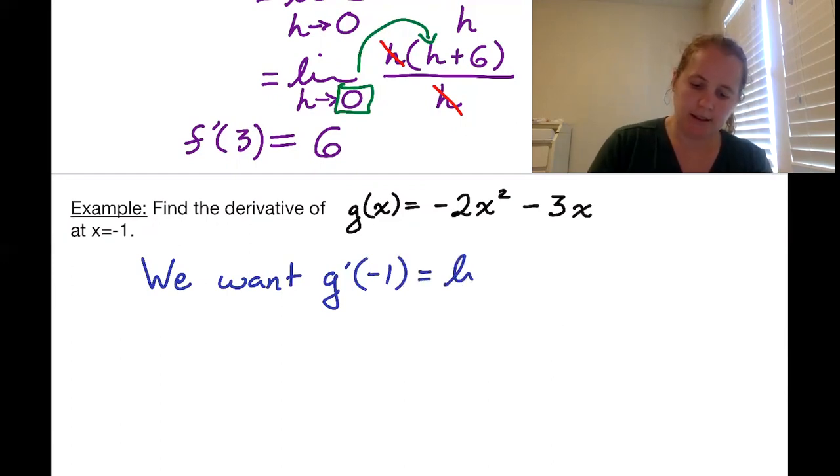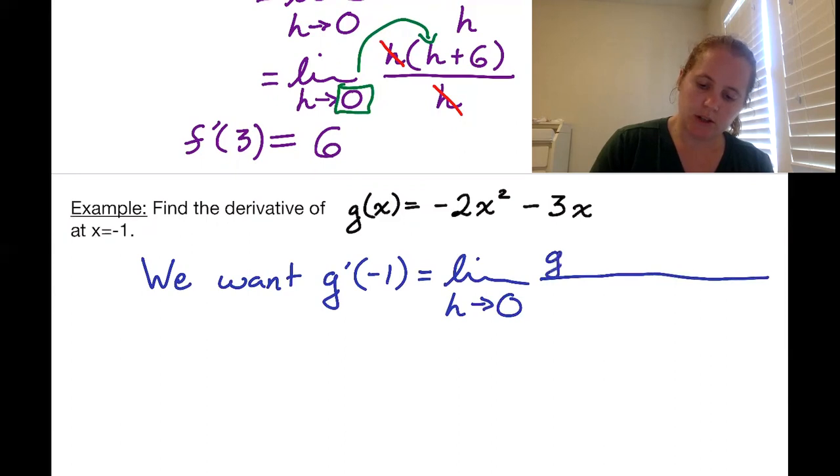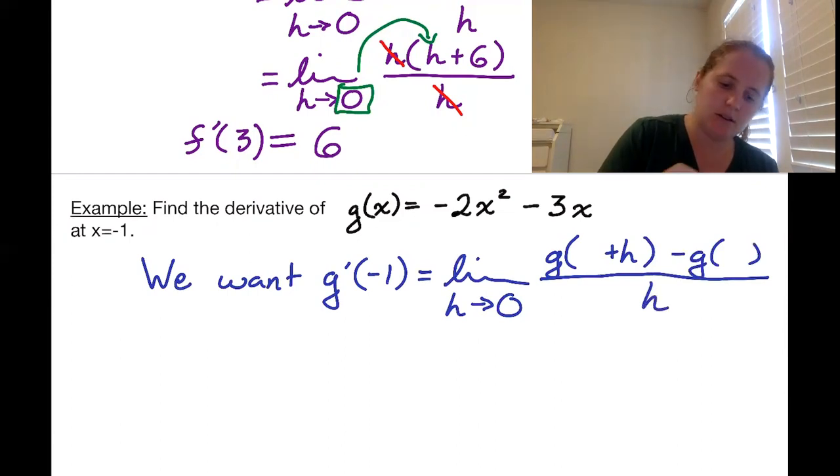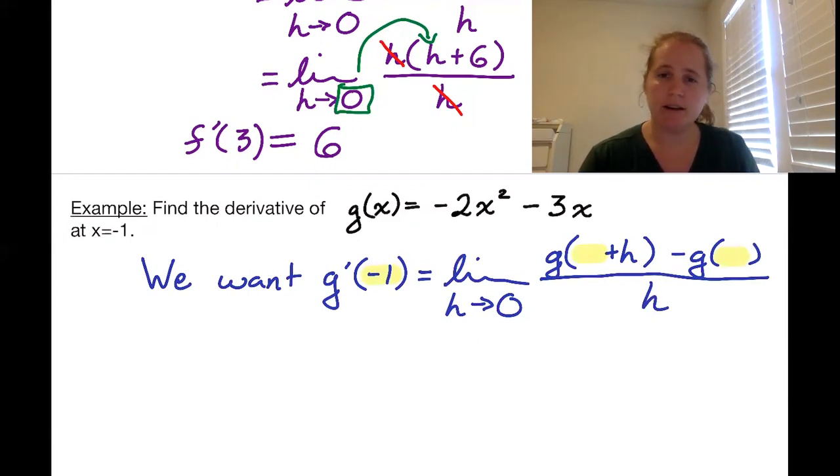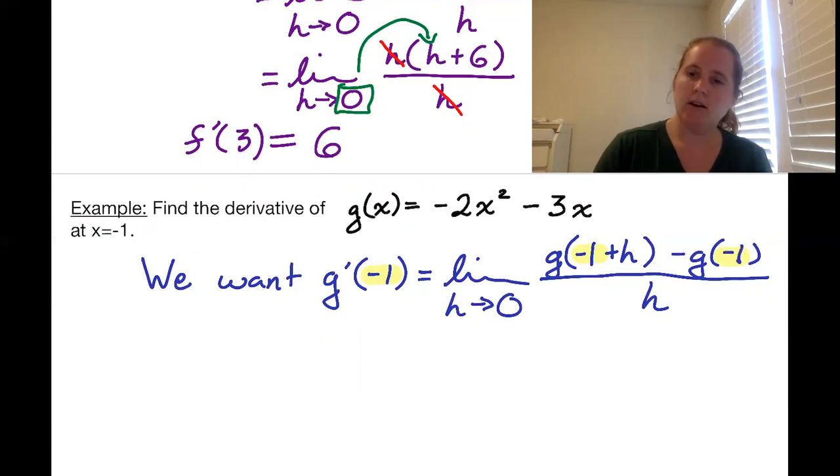And we know that this is the limit of the difference quotient. So we're taking the limit as h goes to 0 of g of something plus h minus g of something all divided by h. And the thing that will go in our blanks will be that negative 1, since we are looking for g prime of negative 1. So we will have the limit as h goes to 0 of g of negative 1 plus h minus g of negative 1 all divided by h.